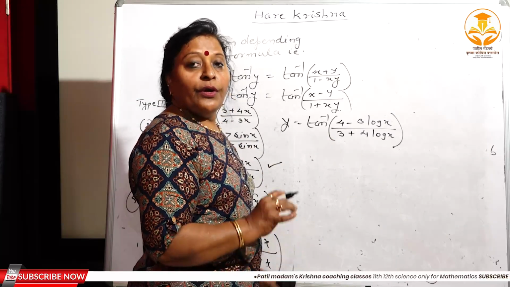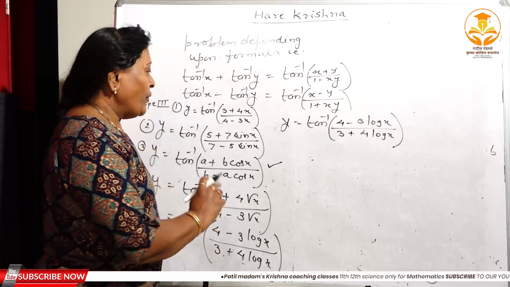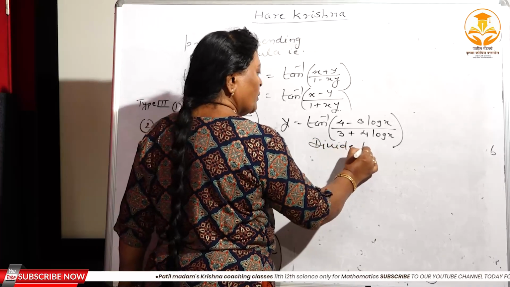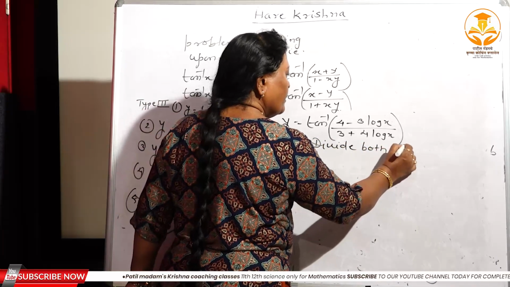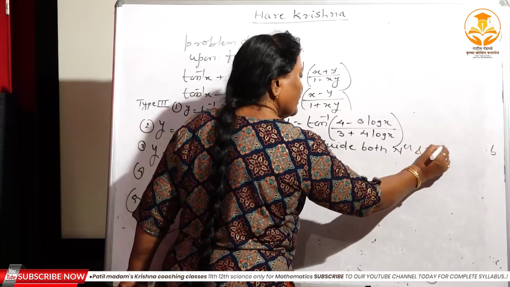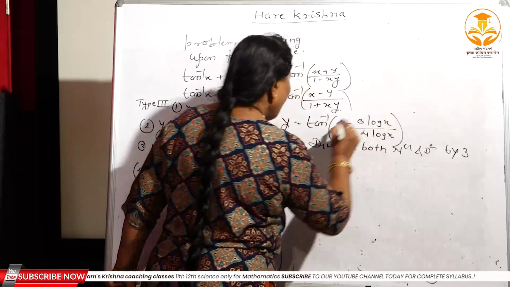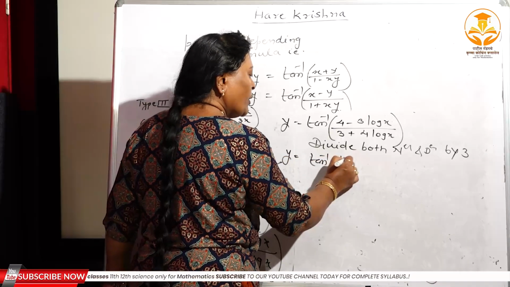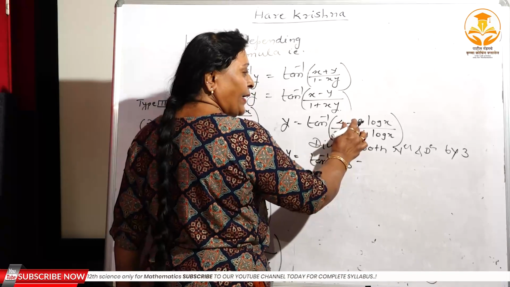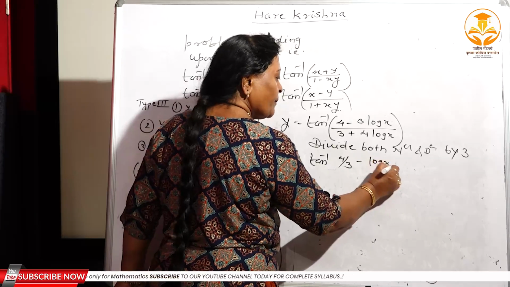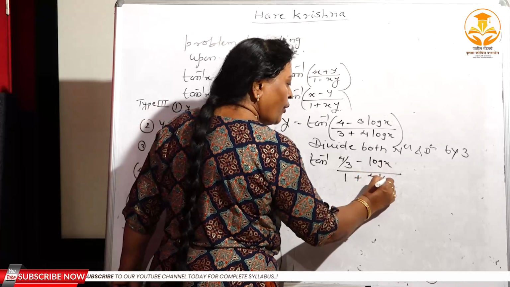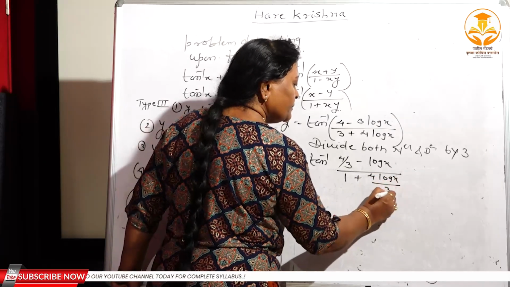Therefore divide both numerator and denominator by 3. When you divide both by 3, you get 4 by 3 minus log x in the numerator, and 1 plus 4 log x divided by 3 in the denominator.